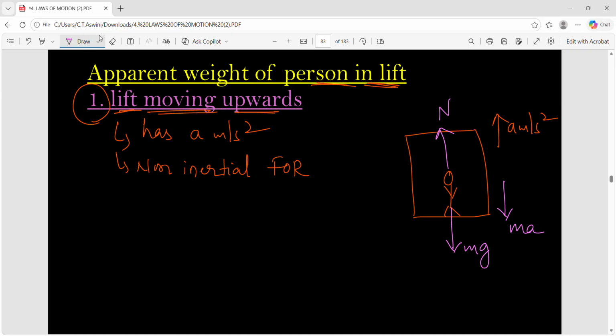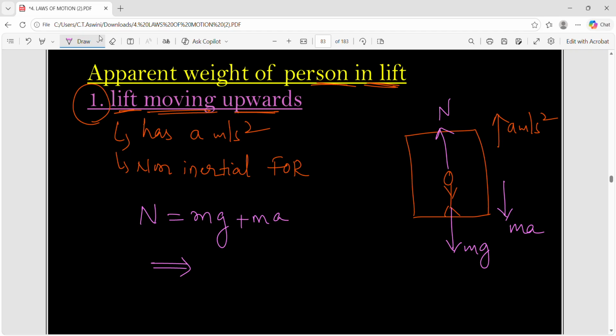Now just apply Newton's second law. F net is equal to ma, or upward forces equal downward forces. What do you get? The normal reaction N is equal to mg plus ma.